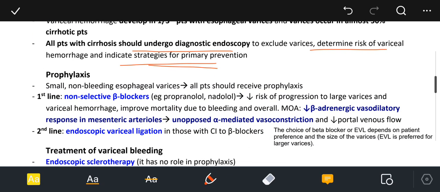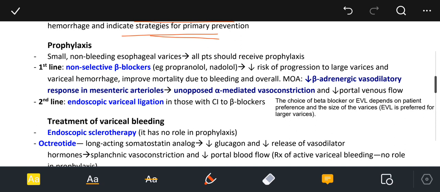Now, what is the prophylaxis? Small non-bleeding esophageal varices, all the patients should receive prophylaxis. First line is non-selective beta blockers, for example propranolol or nadolol. They decrease the risk of progression to large varices and variceal hemorrhage, improve mortality due to bleeding, and the overall mechanism of action is that decreased beta-adrenergic vasodilated response in mesenteric arterioles will lead to unopposed alpha-mediated vasoconstriction and decreased portal venous flow.